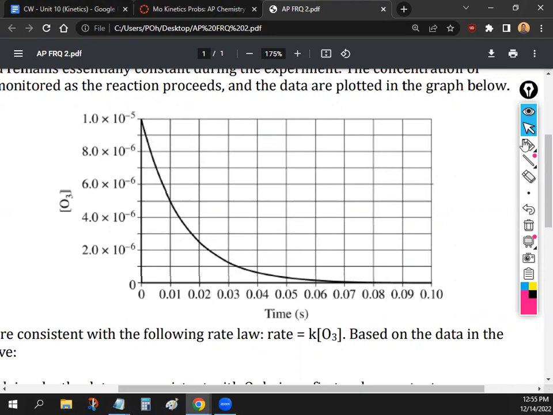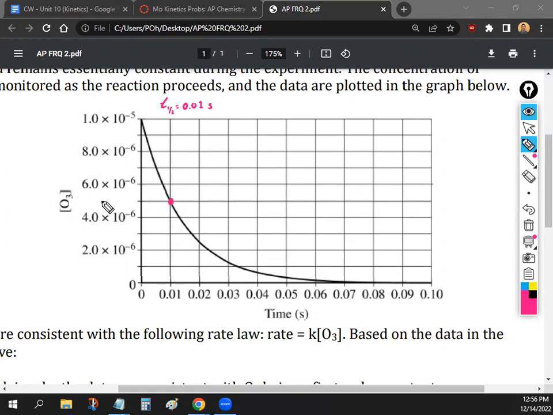So if we take a look at this graph, let's first look at the first half-life. So anyone want to take a shot at it? What's the first half-life? Yeah, Robbie. 0.01. Yeah, 0.01 seconds, okay? So the first half-life is going to be 0.01 seconds, because that's the time it takes for the concentration to drop in half. That makes sense, guys?